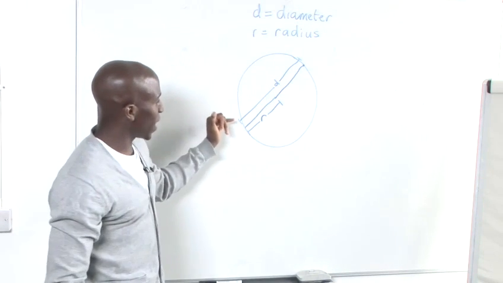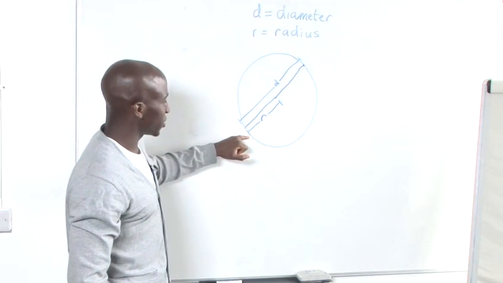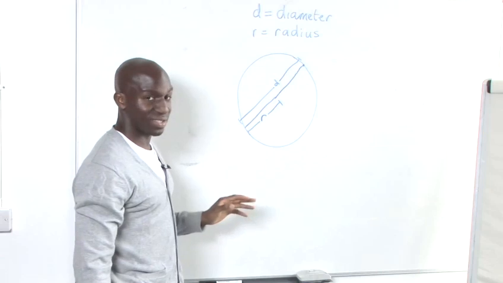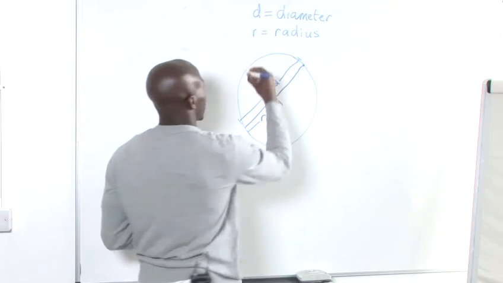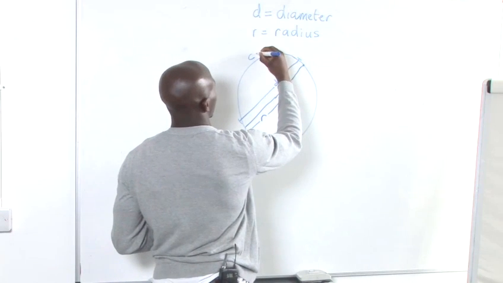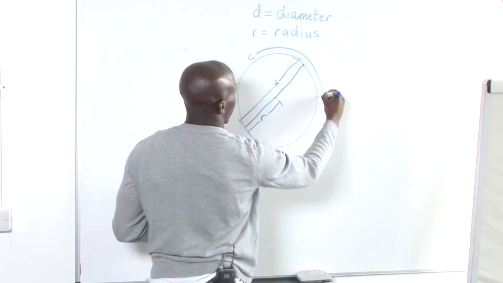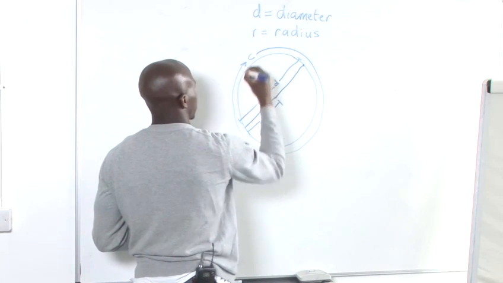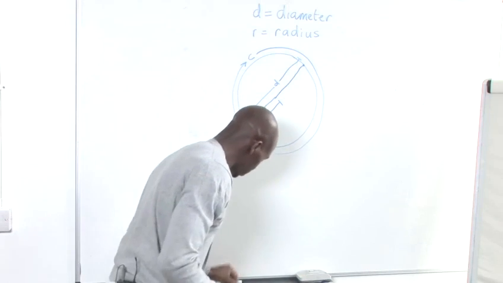Again, you have another property, which is the actual perimeter of the circle, and that leads to the circumference. So I'll put C going all the way around like that.